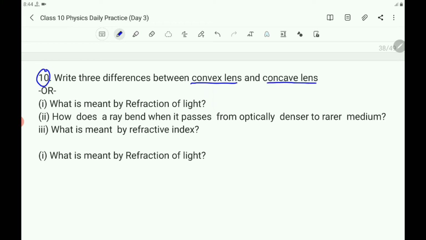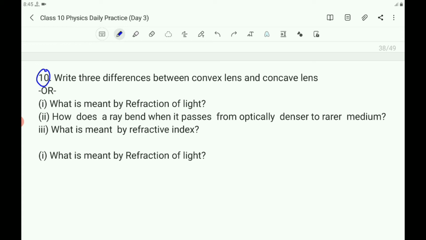Concave lens is thinner in the middle, thicker at the edges. Convex lens has a real principal focus and concave lens has a virtual principal focus. In most cases convex lens gives real images but concave lens always gives virtual images. These are some main differences between convex lens and concave lens.